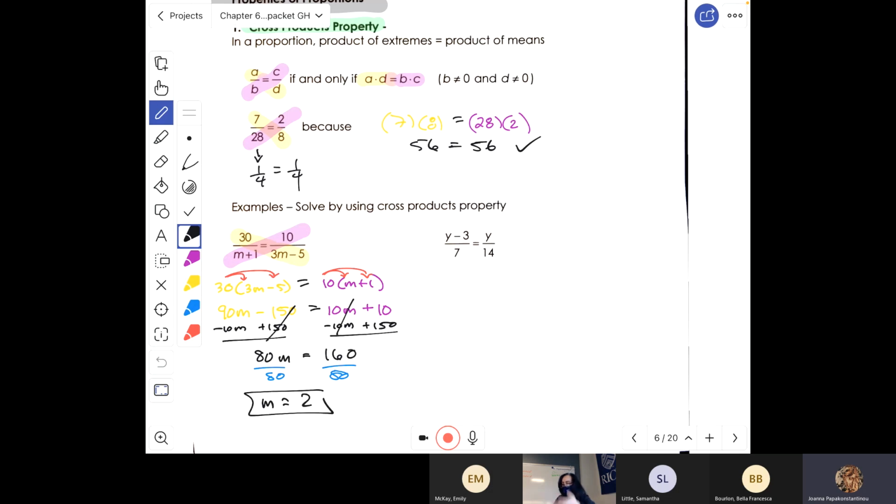And I could substitute m back into the original proportion and make sure I get a true proportion, two ratios that are equal. You want to try the next one and see if you can get it on your own? Sure, try it. You do it, I do it, and we see if we get the same thing. Don't look. Do it on your own.